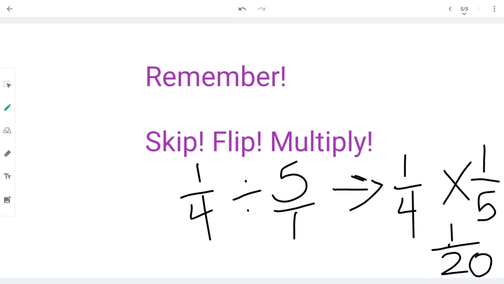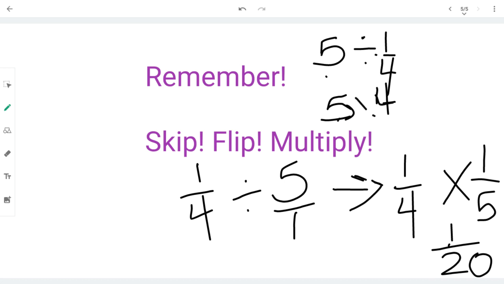And it works the other way too. 5, let's put the 5 in front this time, and put the fraction next. Skip, okay, I'm going to keep that. Flip, 4 ones, multiply. 5 divided by 1/4 is 20.